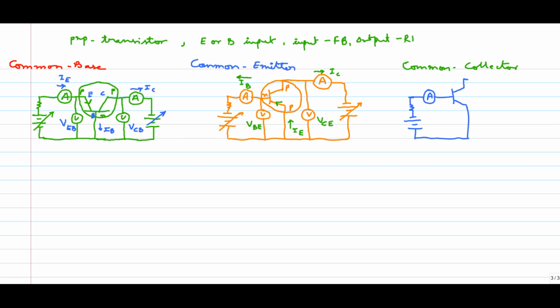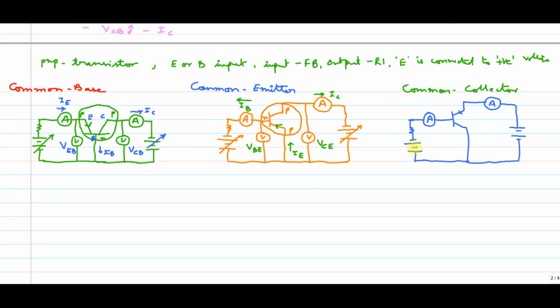Again this is an ammeter. The above one is emitter, so it is P to N, so the direction will be like this. Again it is positive. I will write this point on top: emitter is connected to positive voltage always. Then it will be easy for us to draw the diagrams.